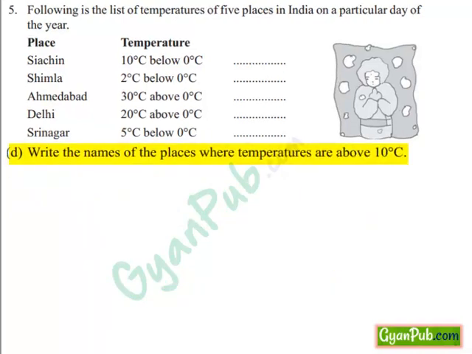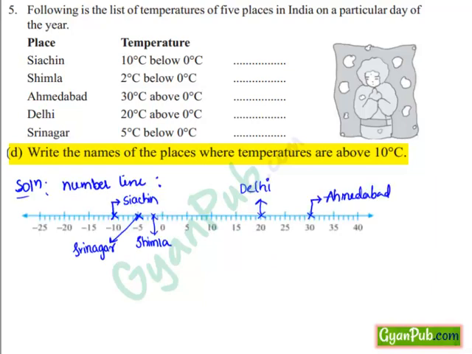Take down the D bit. Write the names of places where temperatures are above 10 degrees centigrade. Let's do the solution. To find the names of places where temperatures are above 10 degrees centigrade, we will use the B bit number line. Here is the number line.